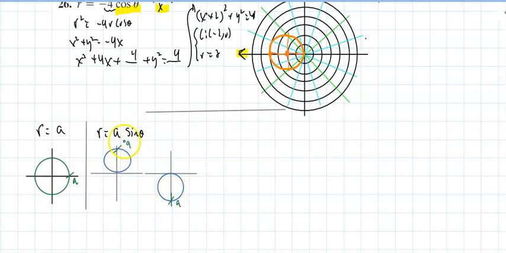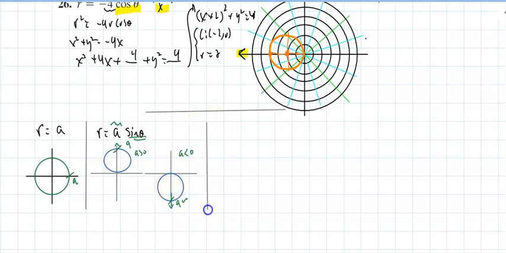Well, how would it be up there? If a is bigger than 0, then this is kind of like the sine, and there's the sine, the y, and there's the y. And if a is negative, then negative y would be wrapped around the negative y-axis.